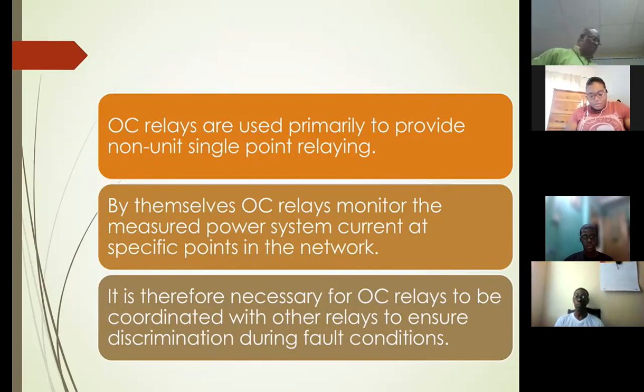Within our network, we are going to have transformers, yes? We have generators at different points. It therefore stands to reason that you will have different magnitudes of current passing through different points on the network. Similarly, when you have a fault, the fault current flowing through the system is going to be different depending on where in the network you are located.